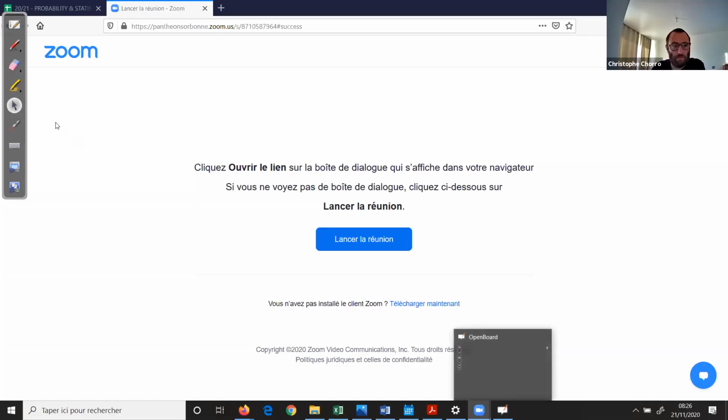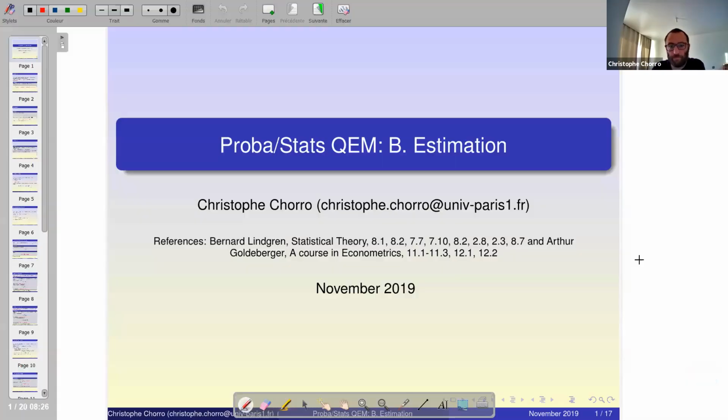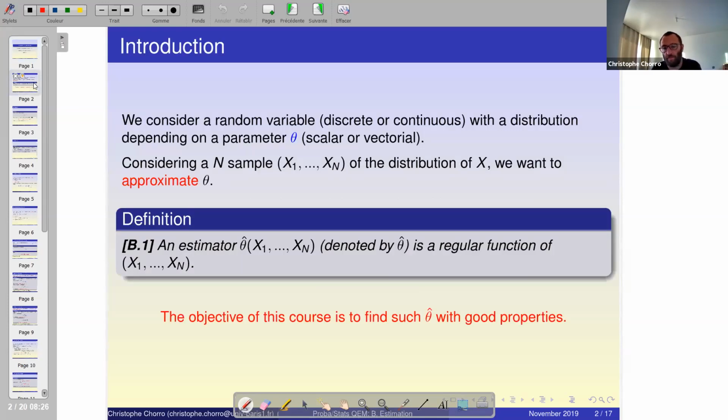Okay, so I split my screen. So concerning estimations, my problem is the following.